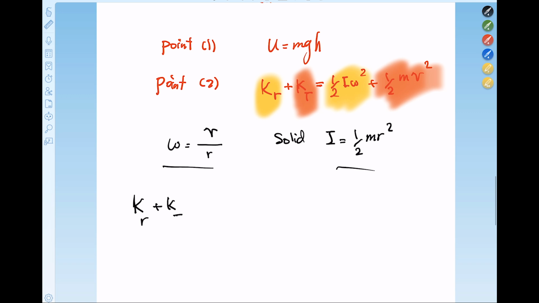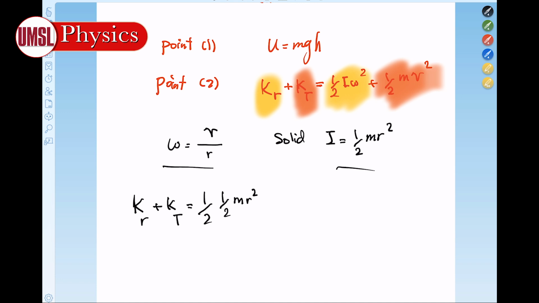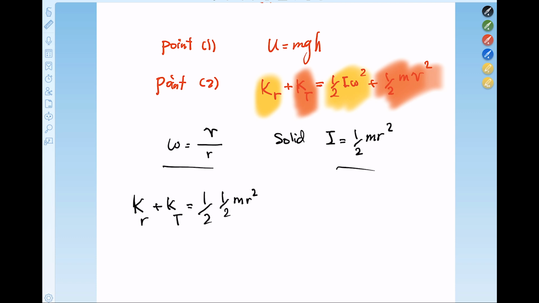KR plus KT equals half I, where I is half mr squared, times omega squared, where omega is V divided by R. So that's half I omega squared plus half mv squared.